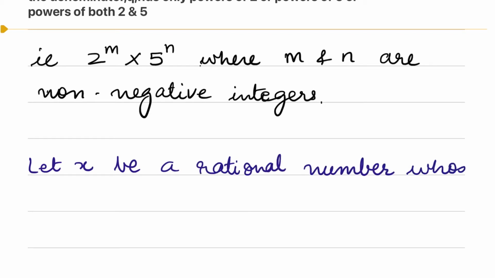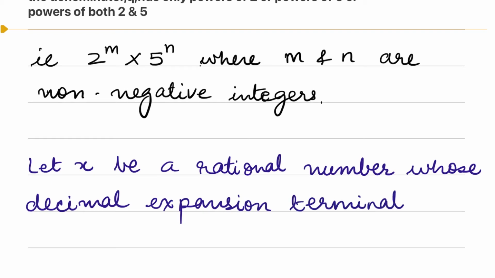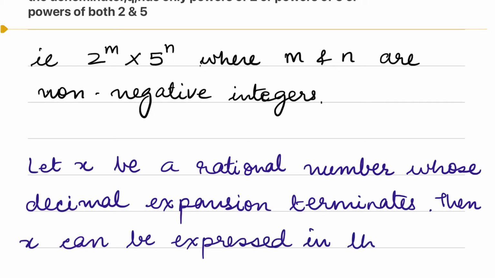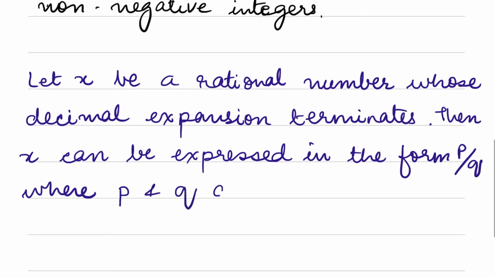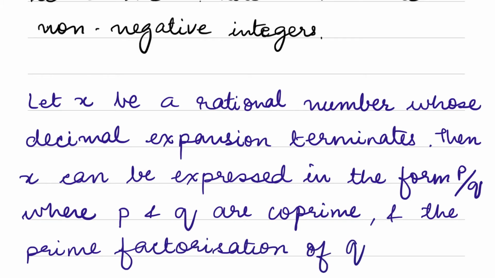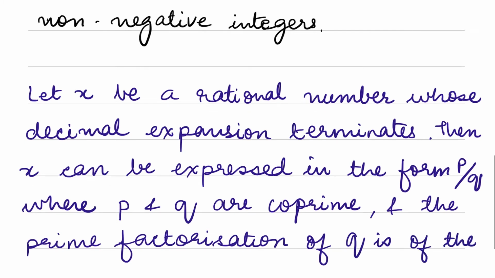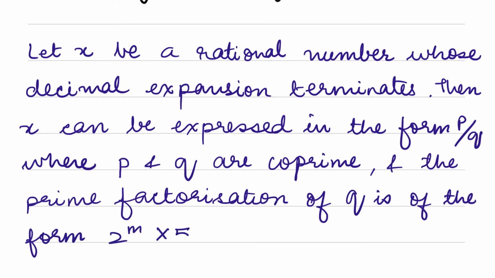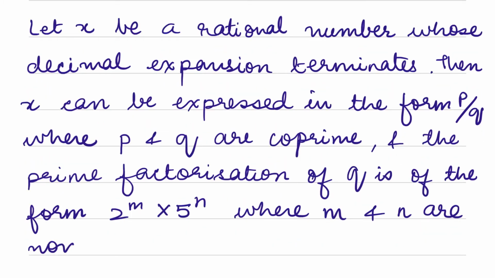number whose decimal expansion terminates, then x can be expressed in the form p by q, where p and q are co-prime and the prime factorization of q is of the form 2 raised to the power m into 5 raised to the power n, where m and n are non-negative integers.